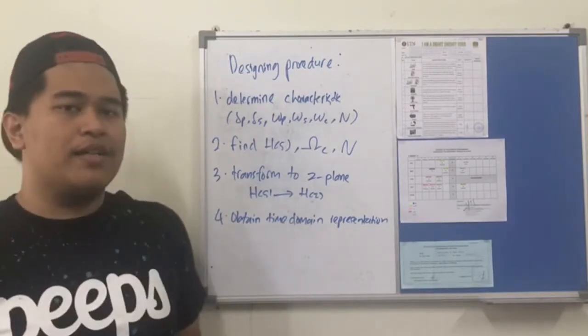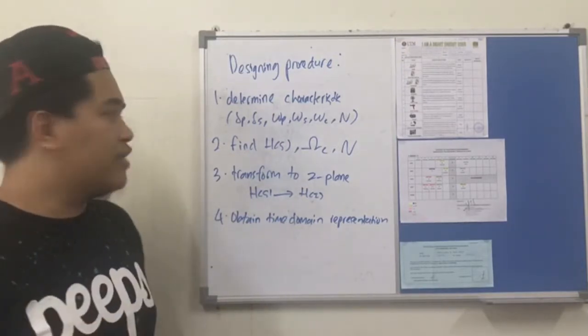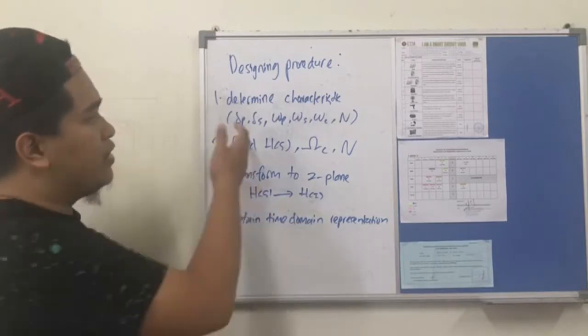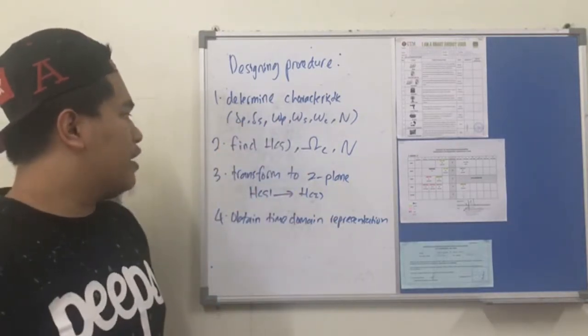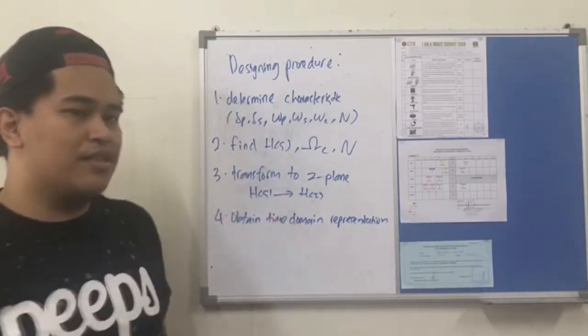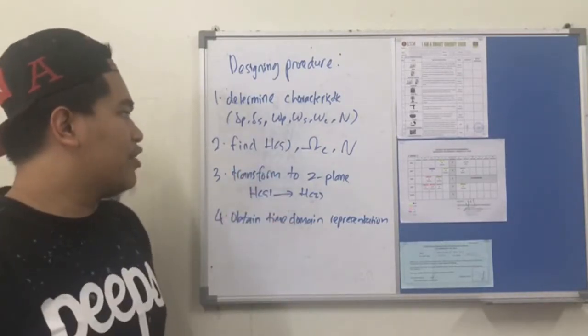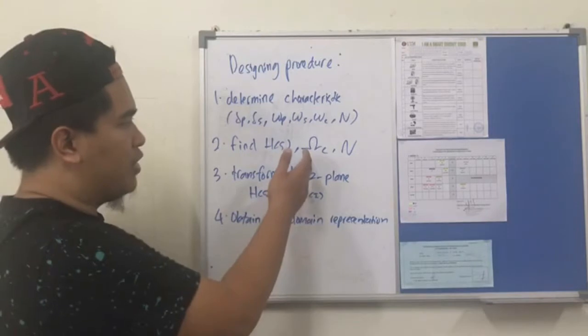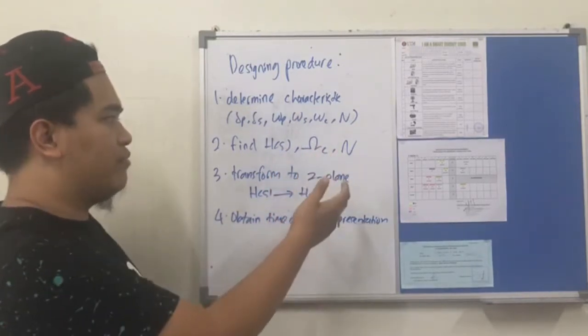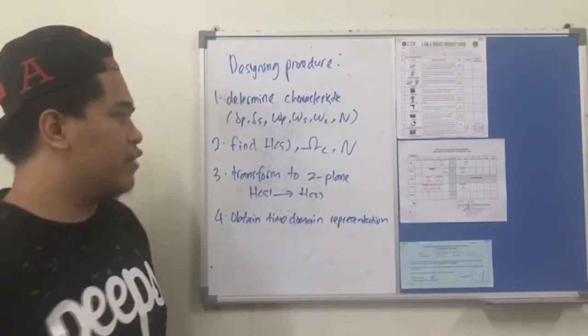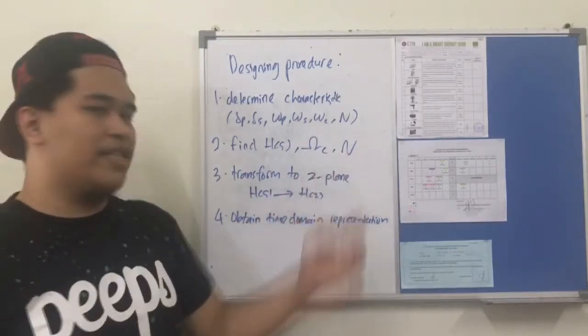After we have found the characteristics, we will have to find H(s), which is the response, and also the analog omega C, and also the N. But if you already found it before, we don't need to find it again.